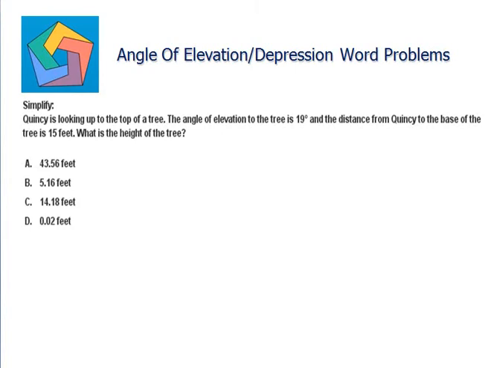Simplify. Quincy is looking up to the top of a tree. The angle of elevation to the tree is 19 degrees and the distance from Quincy to the base of the tree is 15 feet. What is the height of the tree?